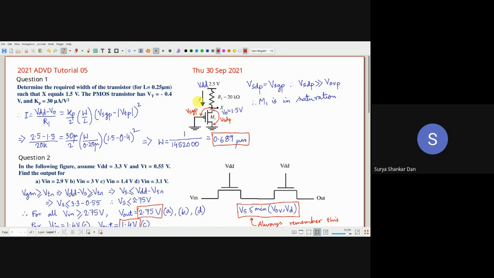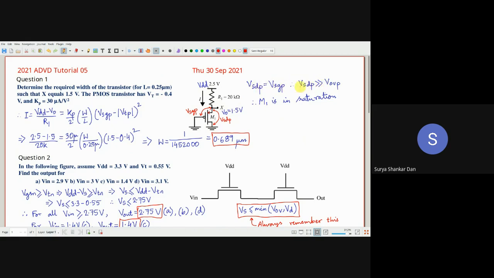VSGP. Now, interestingly, you notice the voltage at the source over here. So we should actually write it like this. The VSGP and VSDP are the same, because incidentally, this is also ground, this is also ground, and the source is the same terminal X. So this holds, VSDP equal to VSGP.